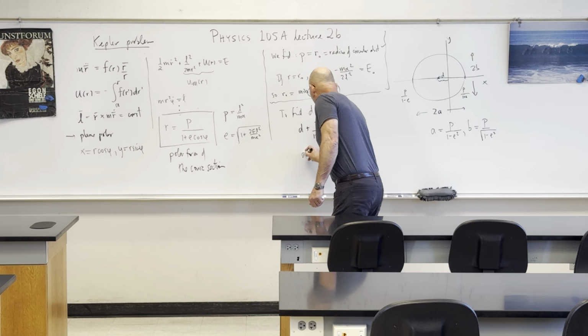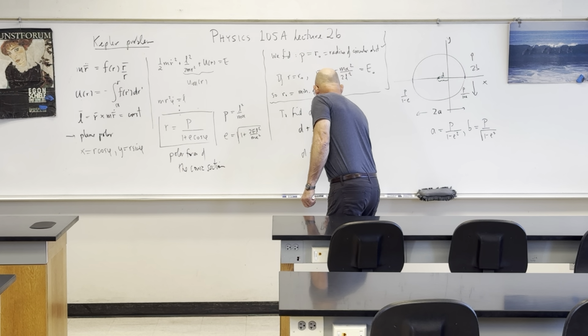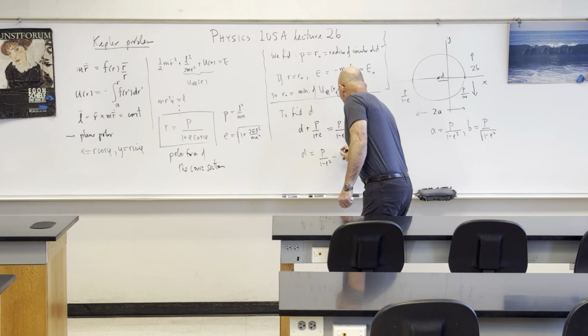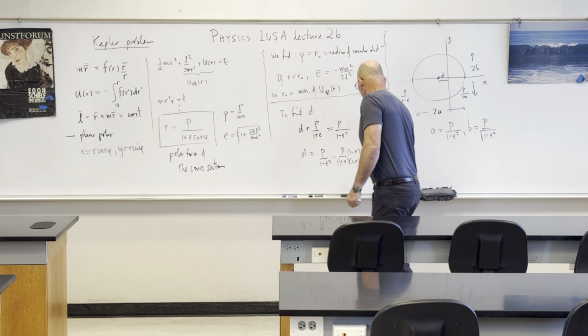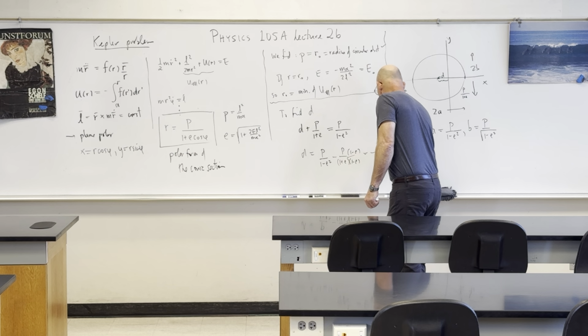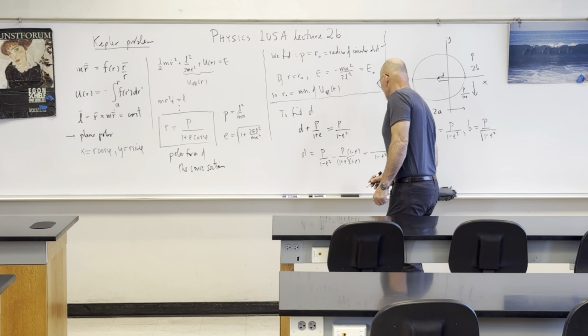So D equals P over 1 minus E squared minus P over 1 plus E. Multiply 1 minus E on the bottom. Just a common denominator, 1 minus E squared.